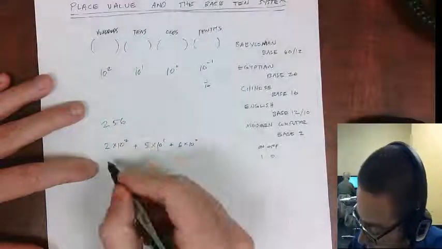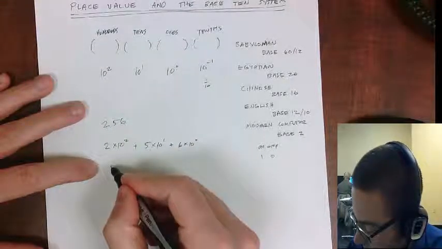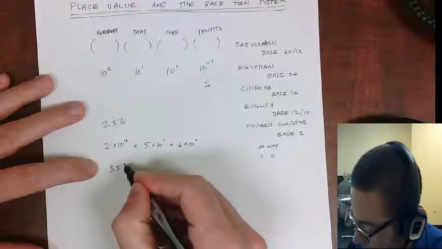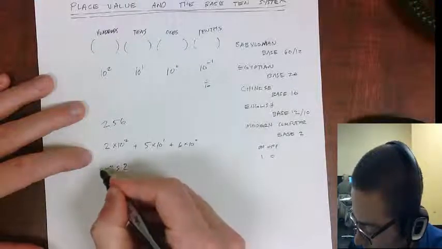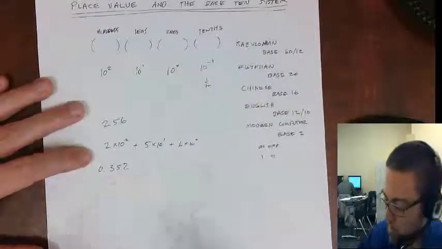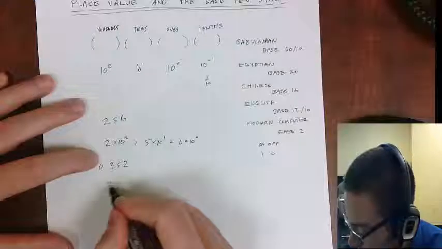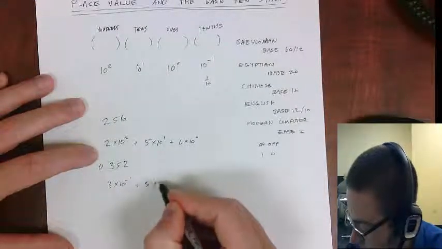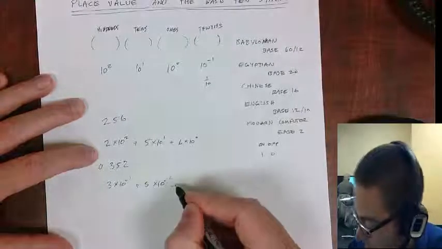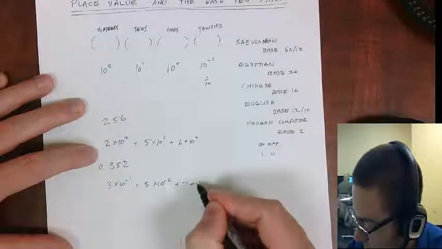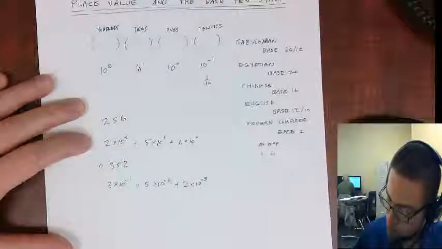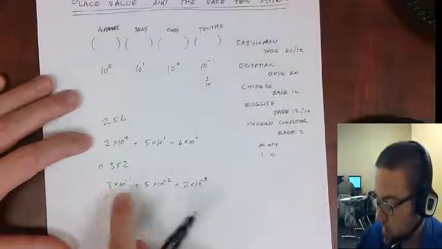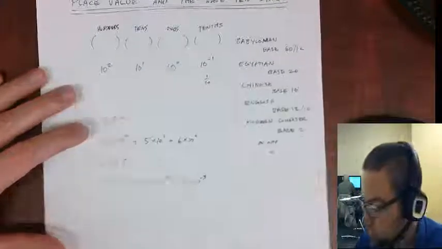And if I wanted to do something like 352, let's make it a decimal. So 0.352. This would be 3 times 10 to the minus 1 plus 5 times 10 to the minus 2 plus 2 times 10 to the minus 3. So that's how place value works using these exponents.